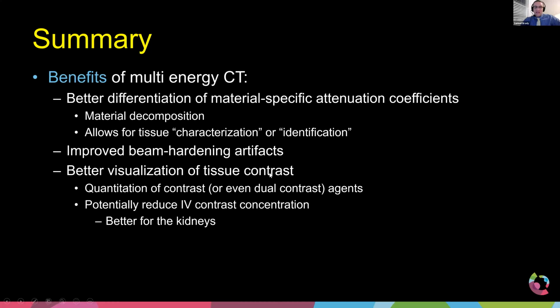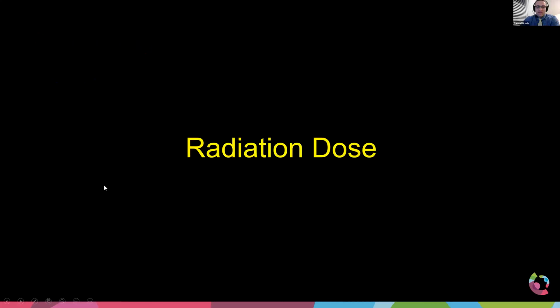And this is that idea where you can change the mono E so you get really good, intense, contrasty images versus noise-free images at the high end of the spectrum. You can, as we discussed, potentially reduce the amount of iodine IV that we inject into the body. It's just much better for our kidneys.